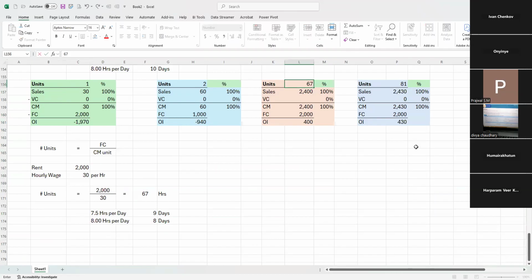We're on 67 hours now. Is it 67? 2000 divided by 30 is 66.67. Oh, because it's a very round number. That's why. So let's go somewhere else. Let's go $35 per hour.